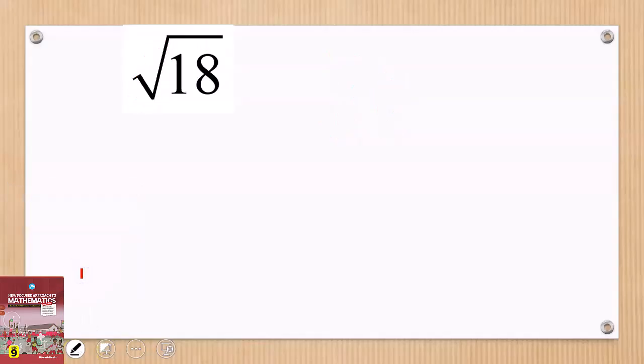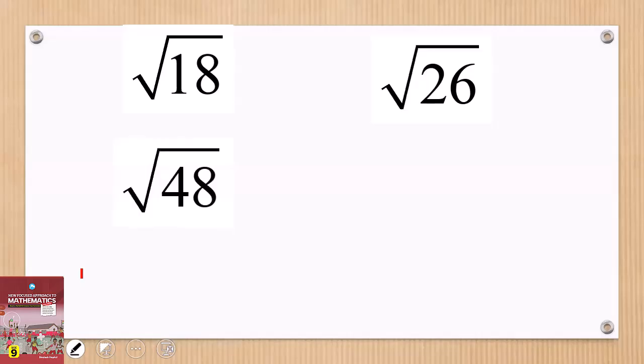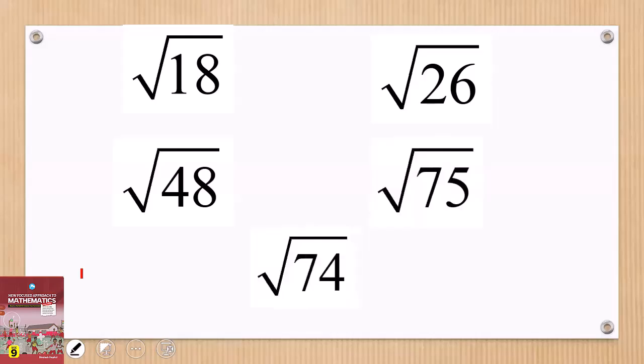So √18 can be expressed to the lowest form as 3√2. We'll come to that. √26 cannot be expressed in lowest form. √48 can be expressed in lowest form. √75 can be expressed in lowest form. √74 cannot.